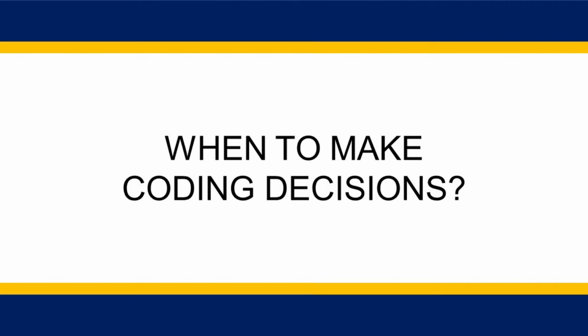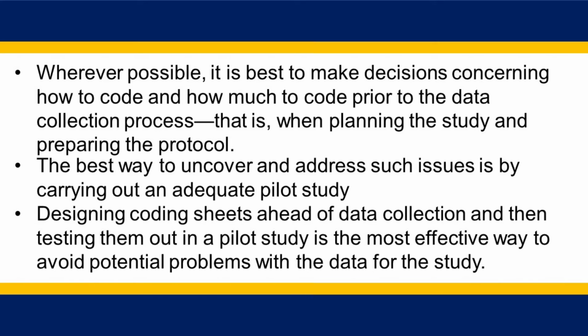After knowing how much to code, now we're going to answer when to make coding decisions. Whenever possible, it is best to make decisions concerning how to code and how much to code prior to the data collection process. That is, when planning the study and preparing the protocol. After addressing coding concerns at the beginning, hopefully through a detailed pilot study, the actual collection of data can be fine-tuned.